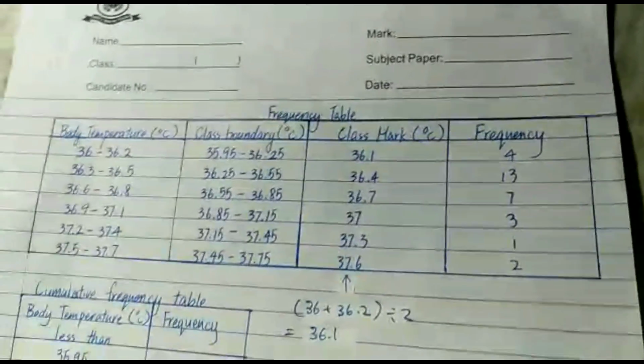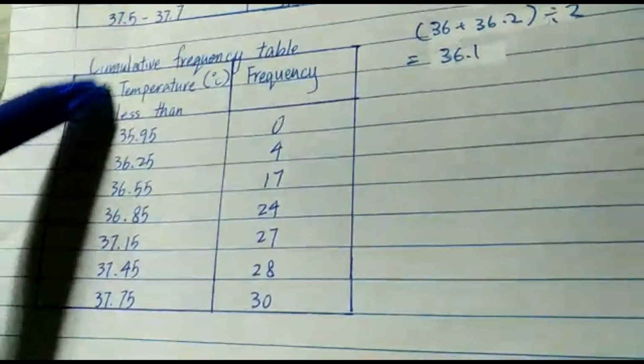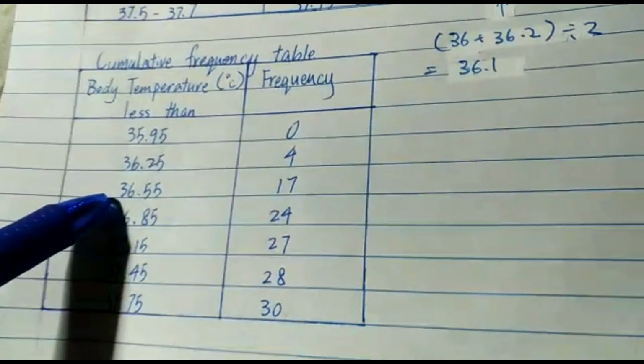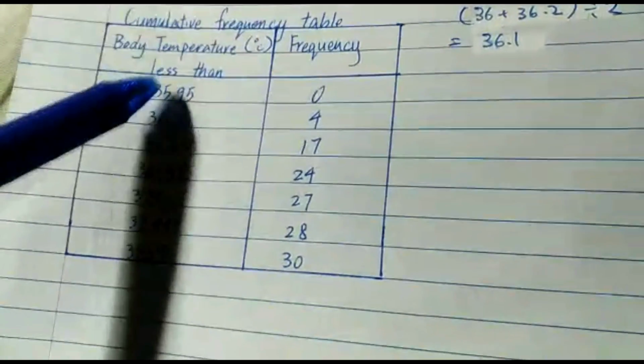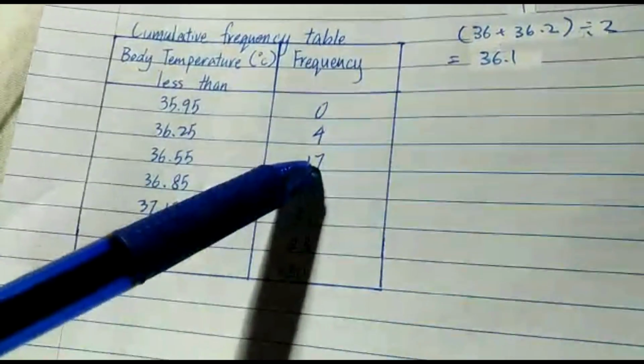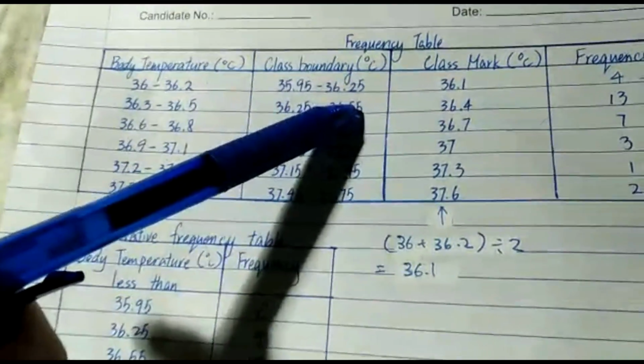Because it is body temperature less than, if it is 36.55, then it has to be less than 36.55. So there are 17, because you can see here below 36.55, there are 4 and 13.